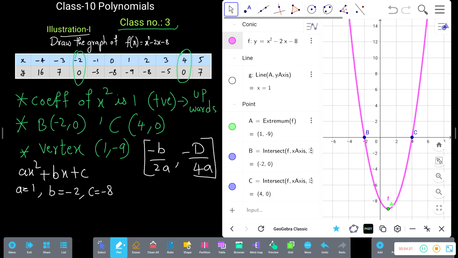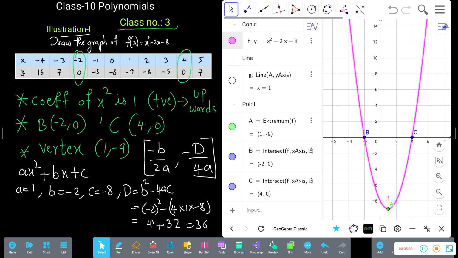And what is d here? In 9th class you have learned what d is. d is nothing but b square minus 4ac. So d is: b square is minus 2 square, minus 4 into 1 into c, which is minus 8. Minus 2 square is 4. Minus into minus here is plus. 4 eights are 32. 4 plus 32 is 36.